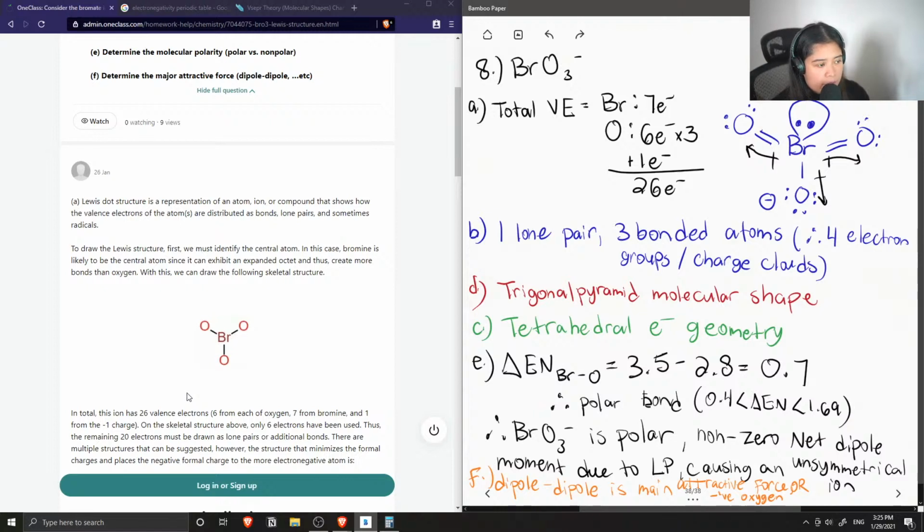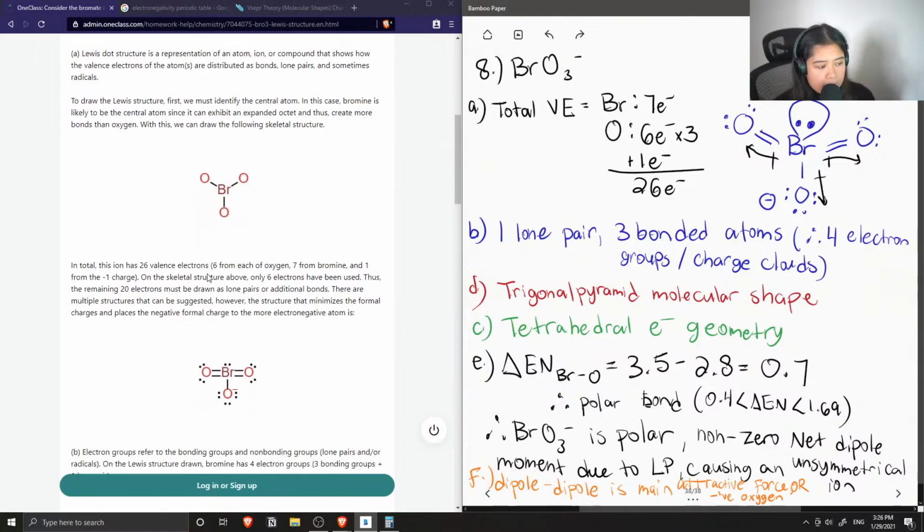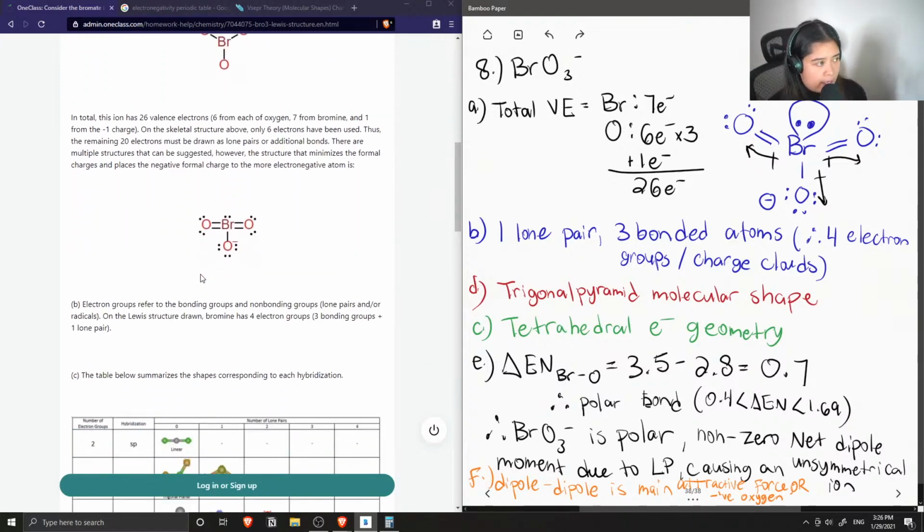With this, we can draw the following skeletal structure. Okay, so they showed their skeletal structure, and they have their final Lewis structure, which has the negatively charged oxygen and the two double bonded oxygens as well.